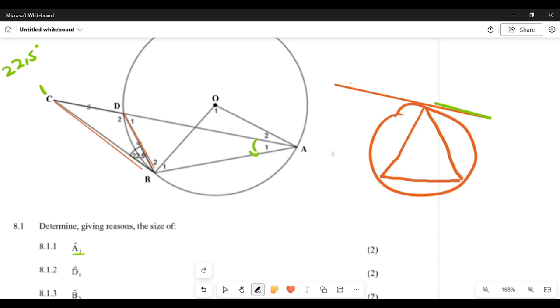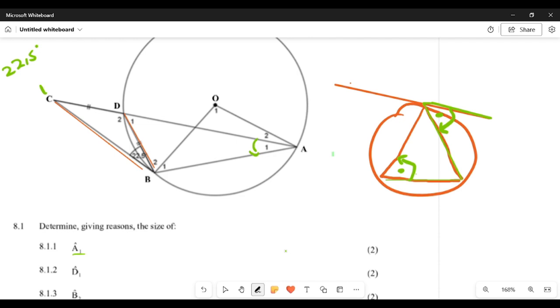So this would be my Z, and it would go here, and it would go here. And I'm saying that this here is going to be equal to that. These two angles are going to be equal. Tan chord theorem.